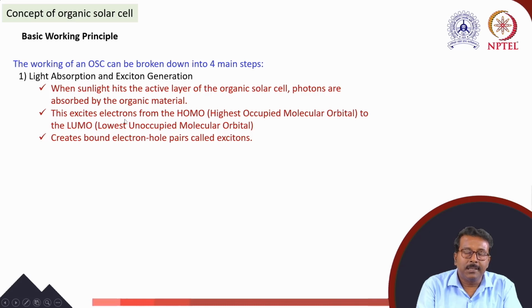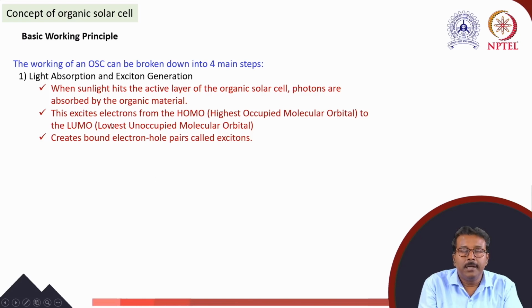To understand the exciton in case of organic material, instead of valence band and conduction band concept, here people use HOMO and LUMO. HOMO means highest occupied molecular orbital, which is analogous to the valence band, and LUMO means lowest unoccupied molecular orbital.